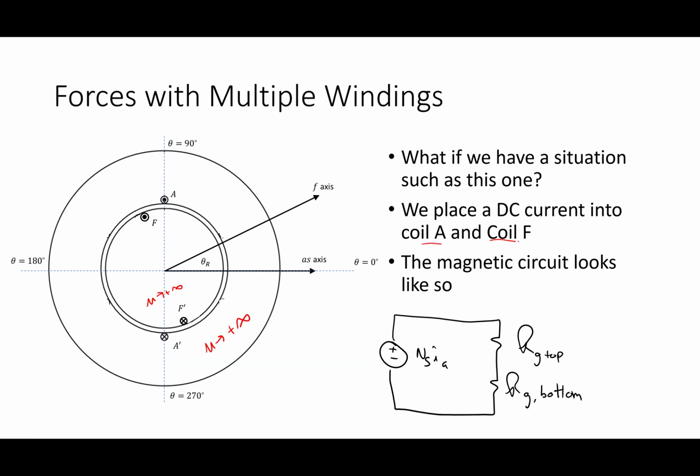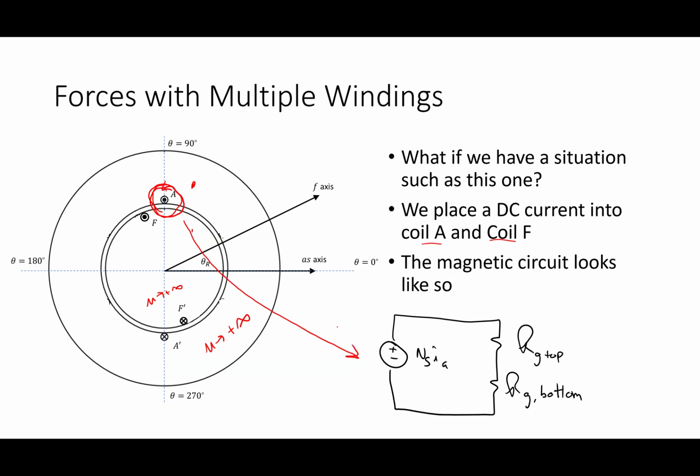If we just look at coil A, I go around the coil using the right-hand rule to figure out what the flux is going to do. We've talked about this a number of times, but if the mu is infinite in the iron, here and here, then I can draw a magnetic circuit around this pathway, and it would look something like this.